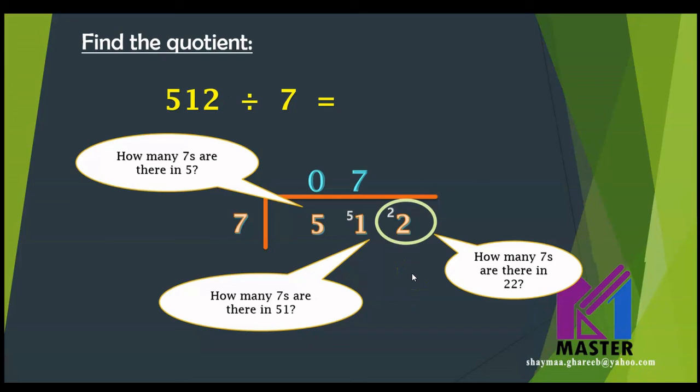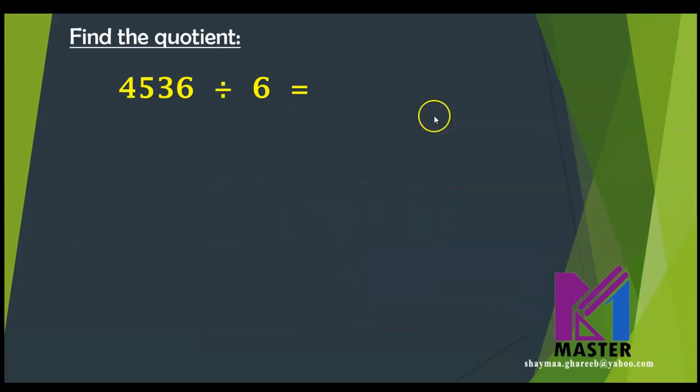No. So I will write the remainder up. So it will be 3 remainder 1. So the quotient of 512 divided by 7 will be 73 remainder 1. Is this clear? Next example.